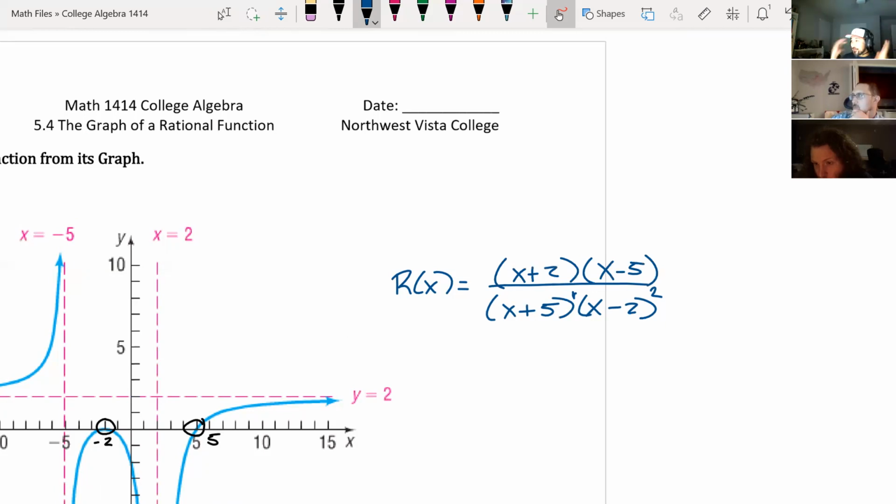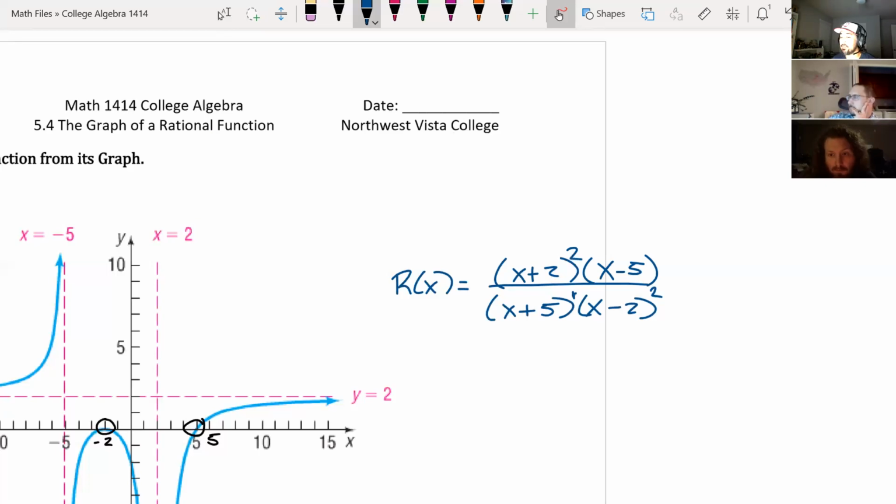And now, one more thing to look at. Look at the behavior of the graph at these intercepts. Does the graph cross or touch at x equals -2? Touches. Which means that -2 has what type of multiplicity? It would be even, which would be the lowest power of 2.